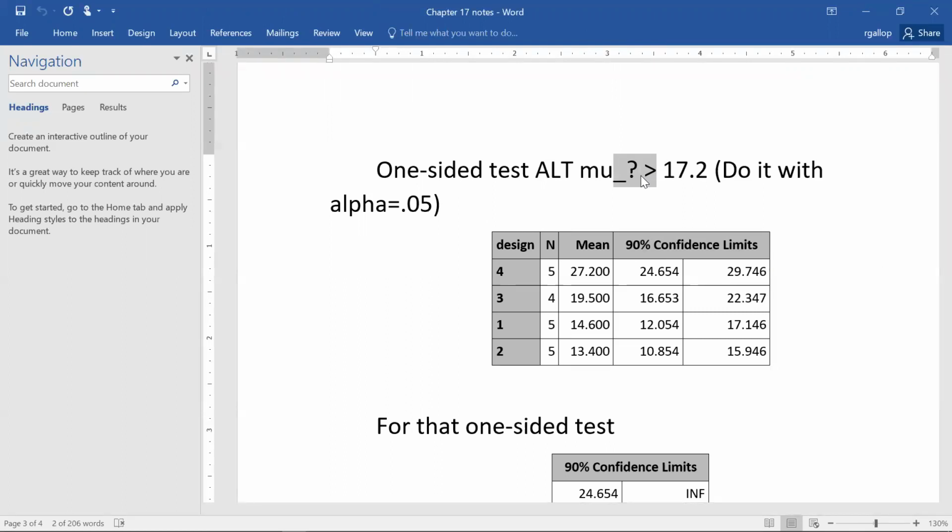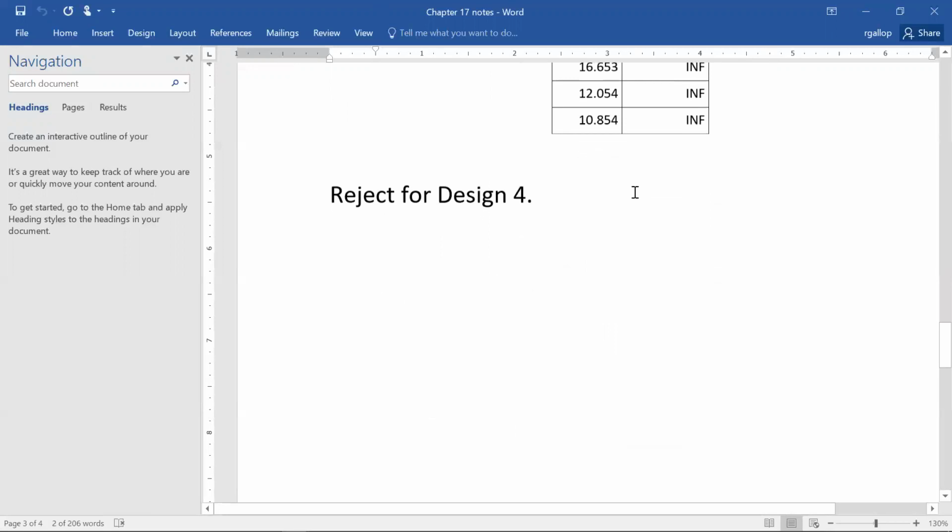So remember, the infinity you always use is in the direction of the alternative. Greater than, positive infinity; less than, negative infinity. It all depends on the alternative. That is the ultimate key point, the ultimate alternative. So think about that alliteration combination if you need to perform that one-sided test.